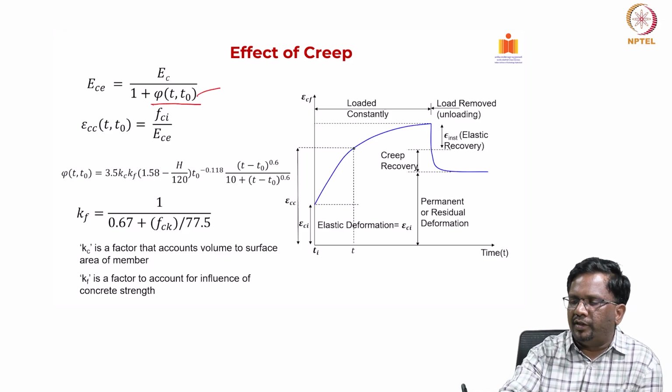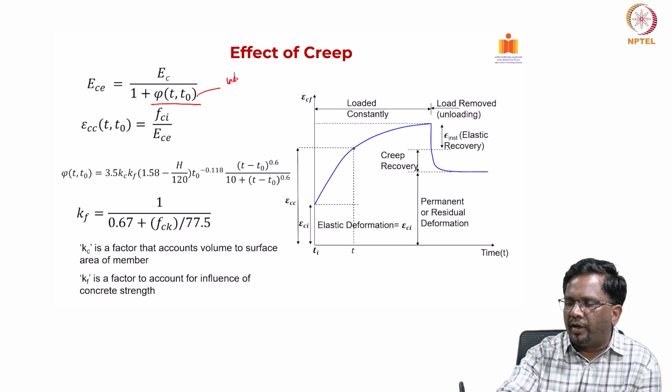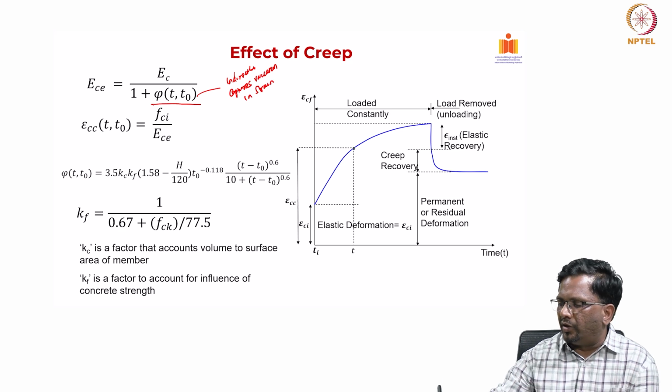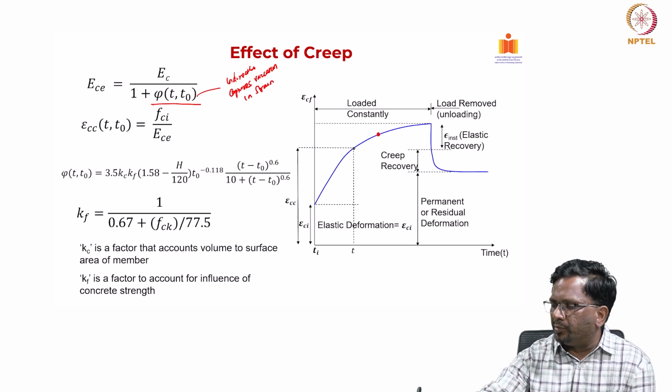Now this phi indirectly captures variation in strain. That's what we saw. If I take at this point, this is the strain, epsilon.